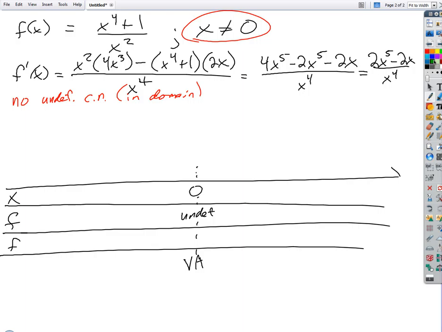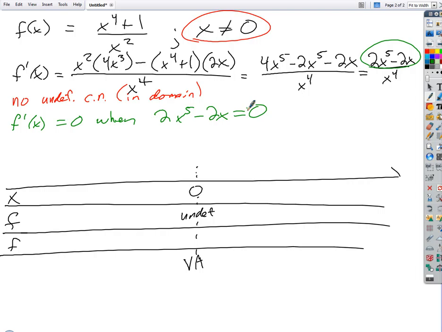So we can trade this, and we can just make the statement then, f prime equals 0 when the numerator equals 0. 2x to the 5th minus 2x equals 0. That's much easier to solve. Okay, so what do we get?